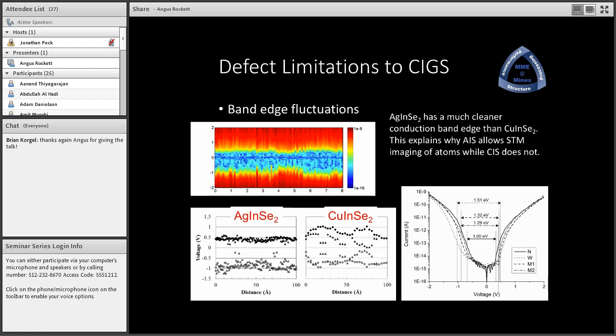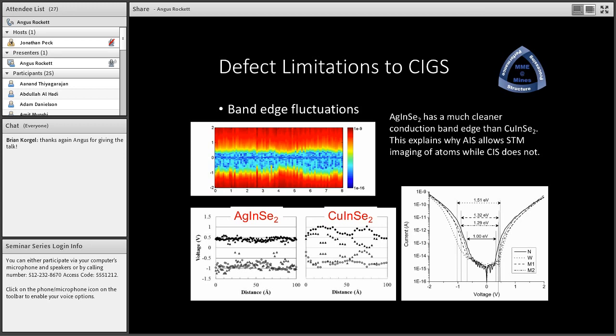You put the probe tip over a particular location on the surface, and scanning tunneling microscopy gives you atomic resolution. And then if you sweep the voltage of the tip, you can measure effectively a current voltage relationship, and that gives you effectively the band edge density of states.